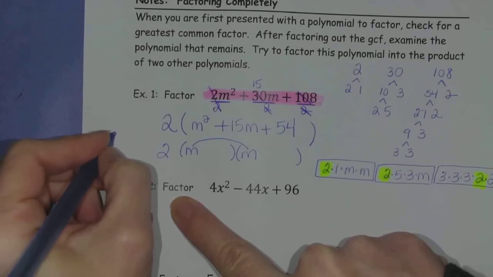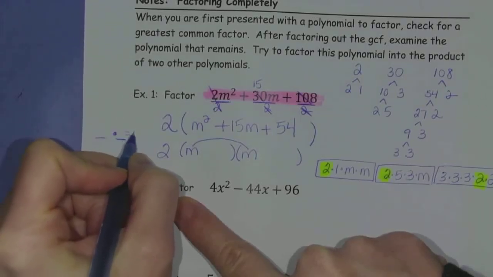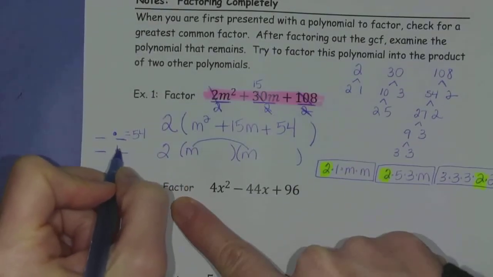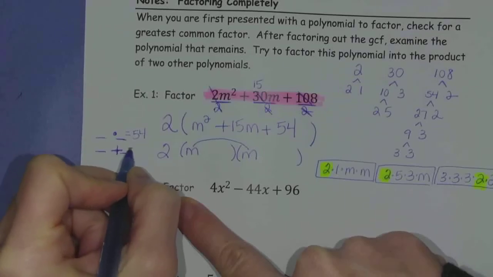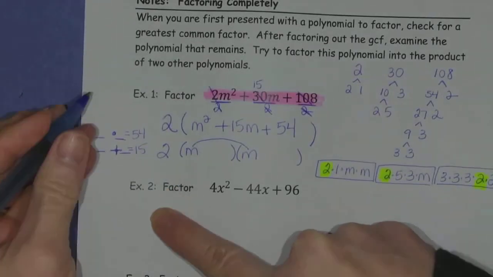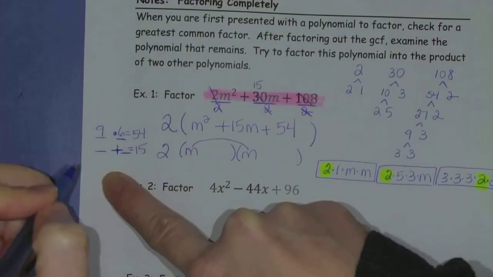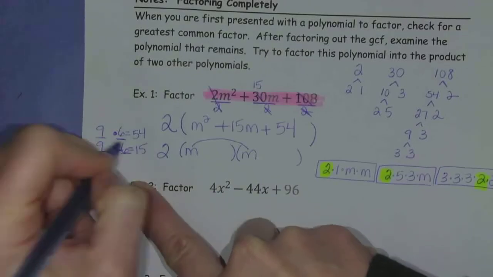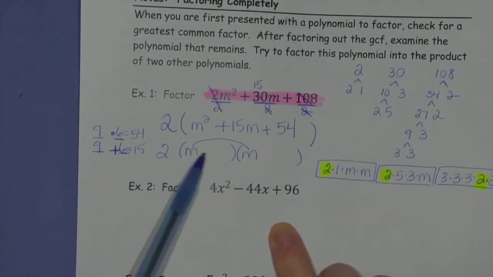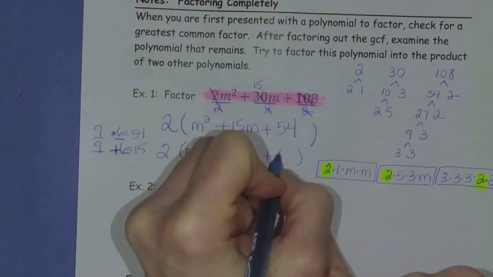The product of the two numbers is 54, but the sum, that's addition, is 15. So you may have to think on that for a little bit, and hopefully you'll come up with, even if you pause this, 9 times 6. 9 times 6 is 54, but 9 plus 6 is 15, so that's the magic. So I'm going to add a 9 and add a 6.